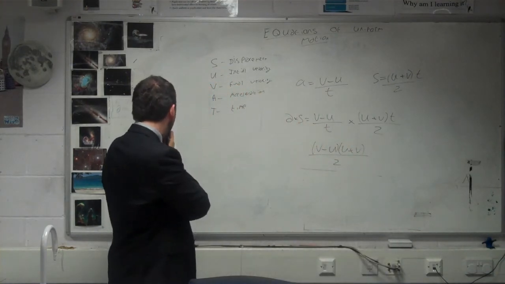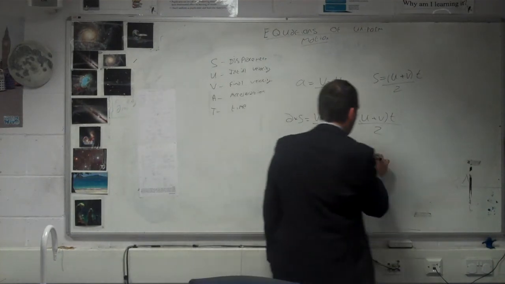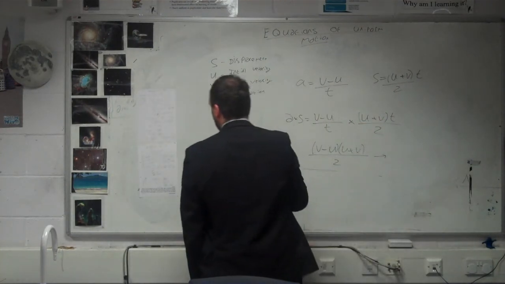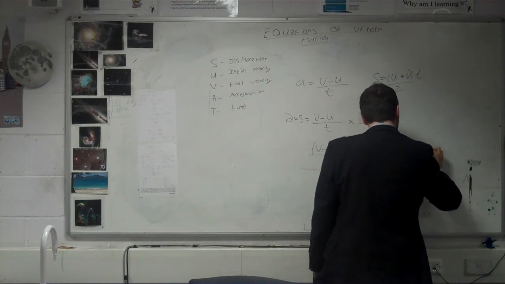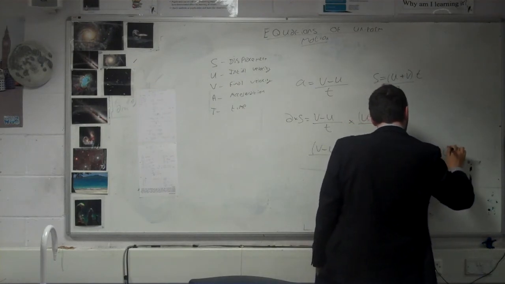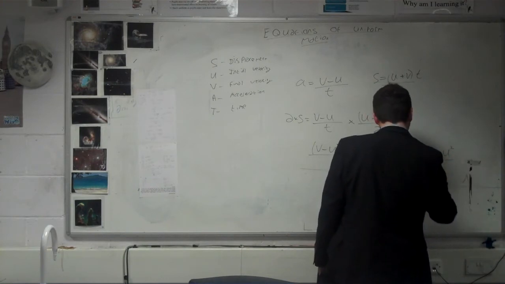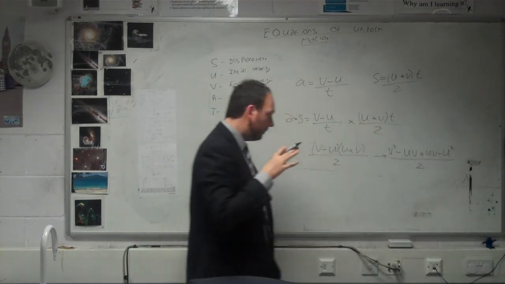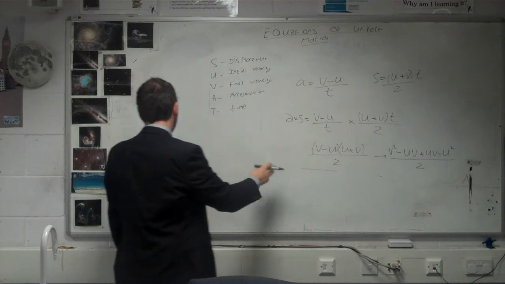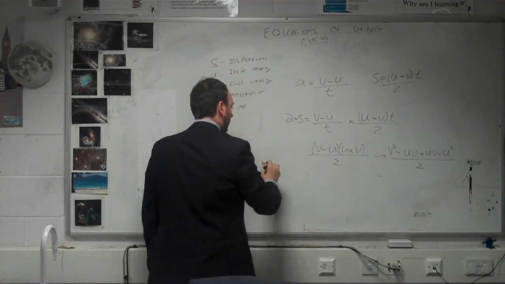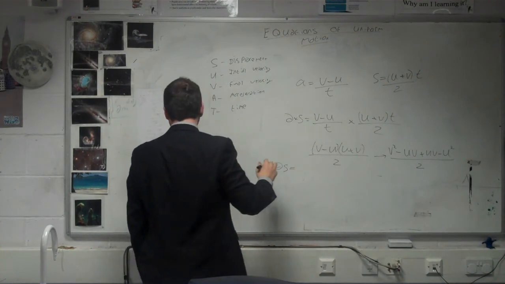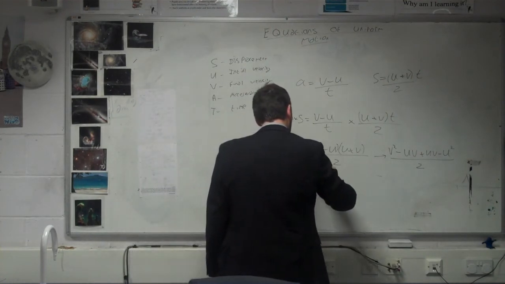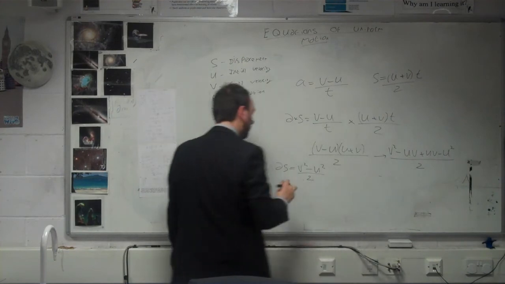If we expand the brackets out, for a while it gets a bit more complicated, and we end up with v squared minus uv plus uv minus u squared all over 2. Our uv's cancel out, so we end up with as equals v squared minus u squared over 2.